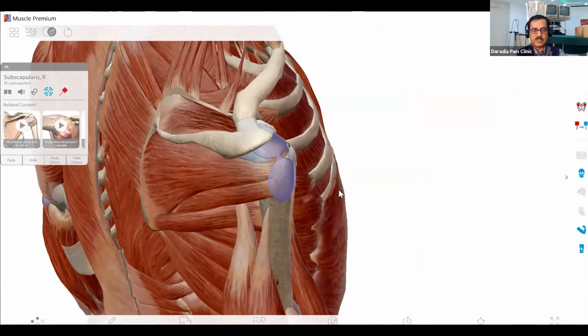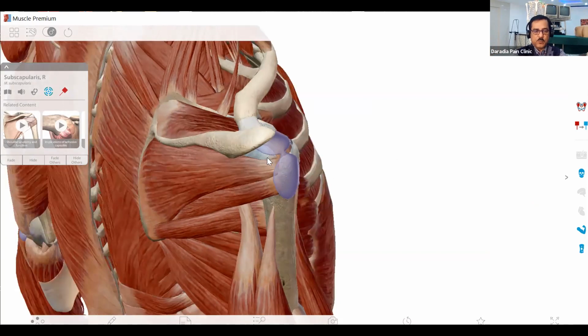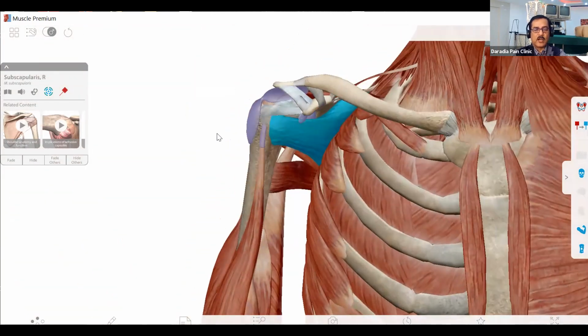Root value is again 5-6. The infraspinatus is from the posterior surface of the scapula, and it is attached at the greater tuberosity. Action is external rotation along with the teres minor. Okay, so these are the 4 important rotator cuff muscles and their functions.